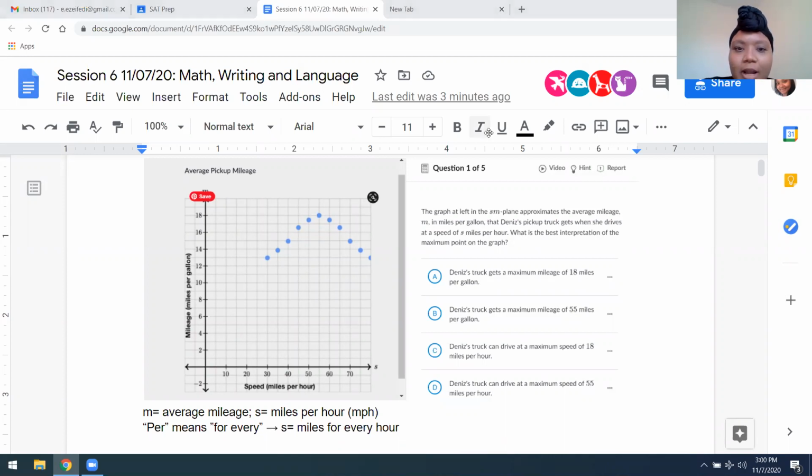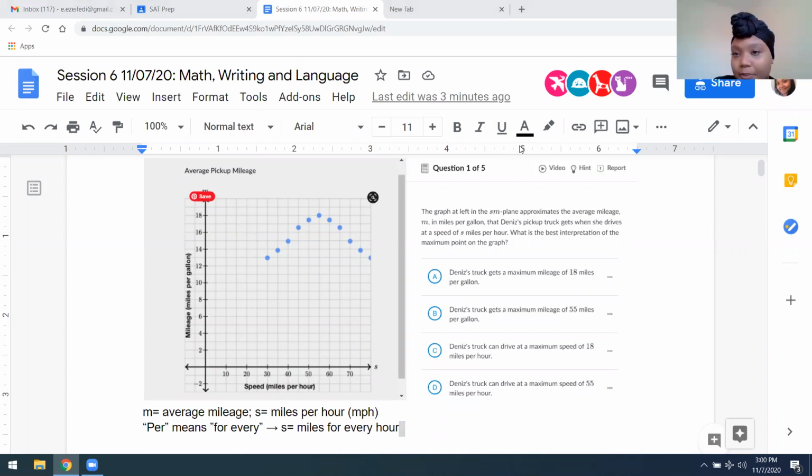You can just describe it, whatever you see, just as you see it. AV, yes, it increases to a certain point and then decreases. Okay, we have more in the chat: it goes up until 55 miles per hour and then decreases. Yes, that's right.